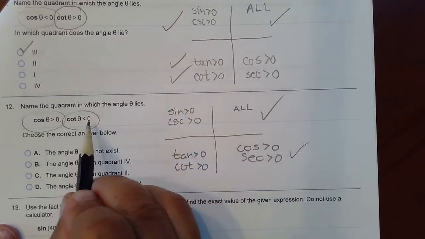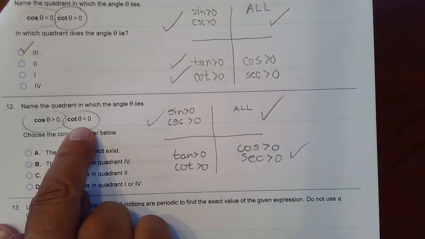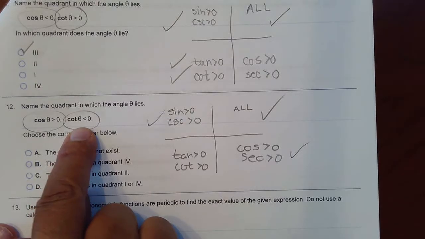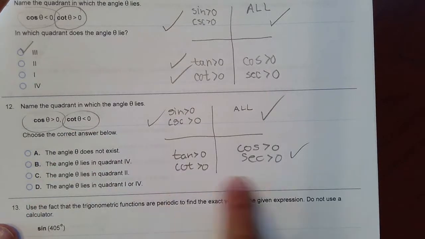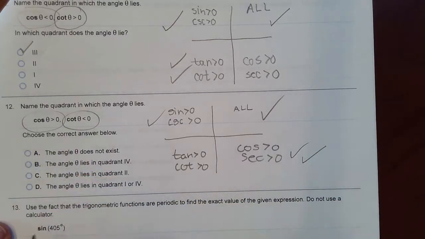Therefore, everything else, including cotangent, would have to be negative there. Okay, now so far I've only found one spot where cotangent is negative. Let's continue. Cotangent is positive here, so therefore it has to be here where it's negative. Okay, only place that satisfies both conditions is in quadrant number 4.